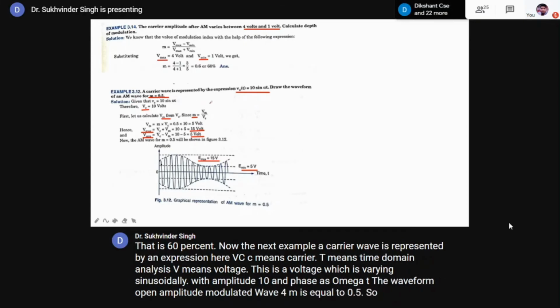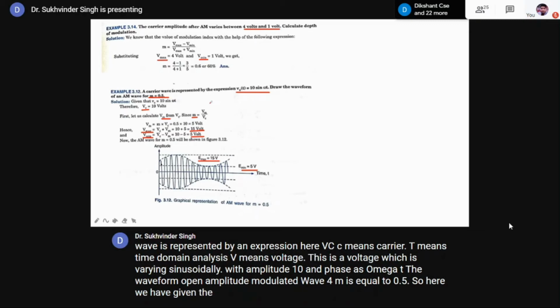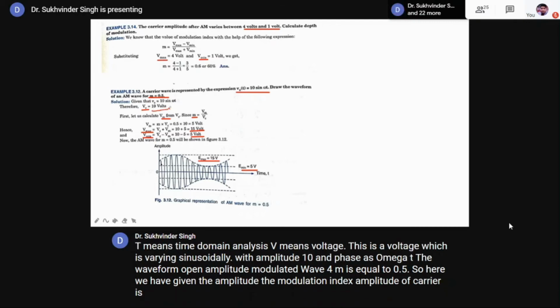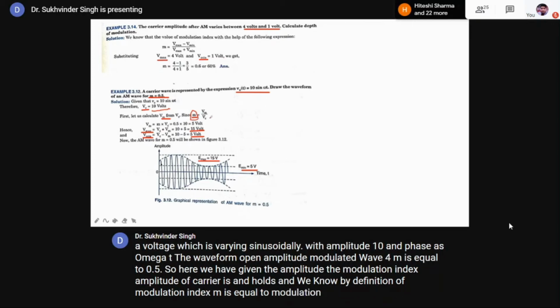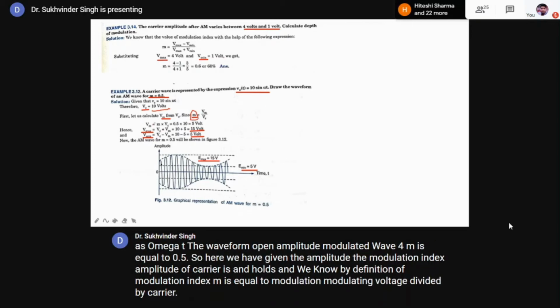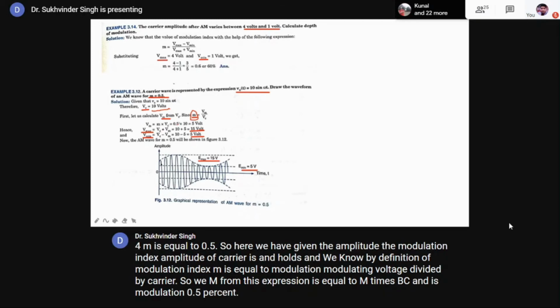So here we have been given the amplitude and the modulation index. Amplitude of carrier is 10 volts, and we know by definition of modulation index, m is equal to modulating voltage divided by carrier. So Vm from this expression is equal to m times Vc. M is 0.5, so 0.5 into amplitude of carrier.